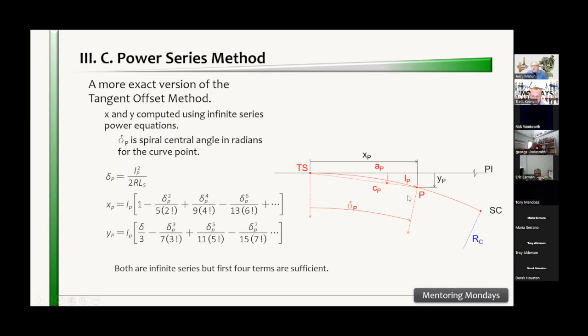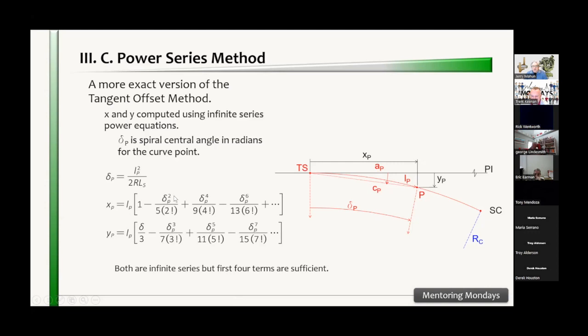So if we say the delta angle, the central angle to any point on the curve, is equal to the squared distance along that arc divided by 2 times the radius times LS, then we can say that the tangent distance and the tangent offset are equal to these 2 equations right here.